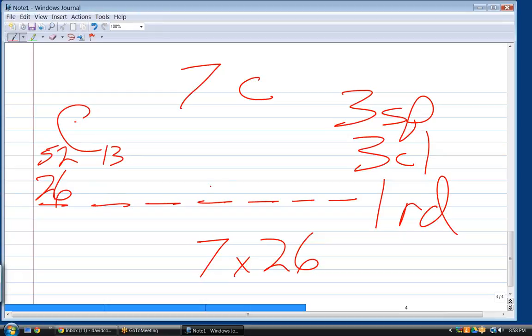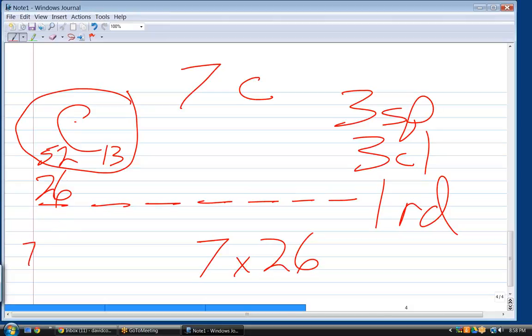So every one of these slots has this many ways to put a spade in it. But it doesn't have to be these first 3. It could be the next 3, or the next 3, or the next 3.